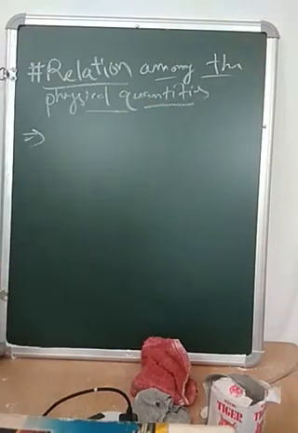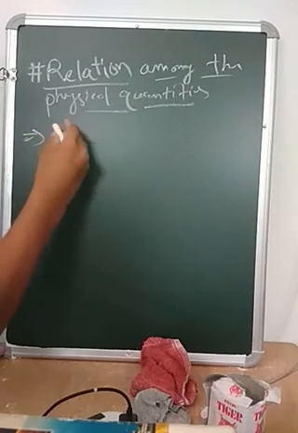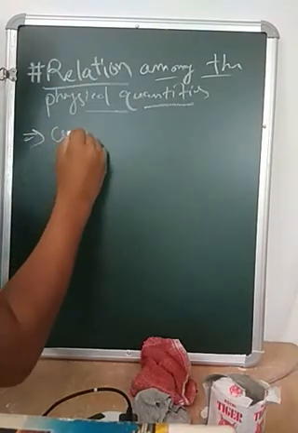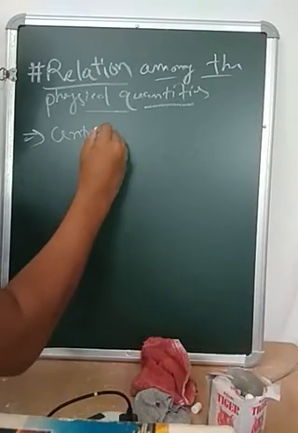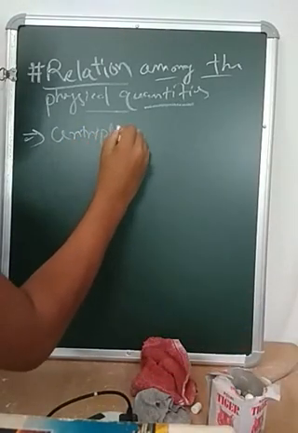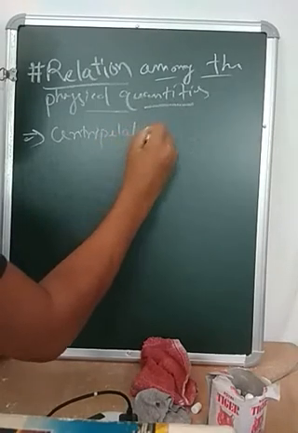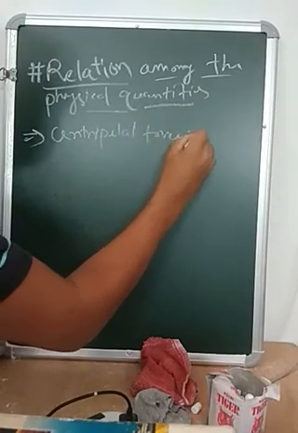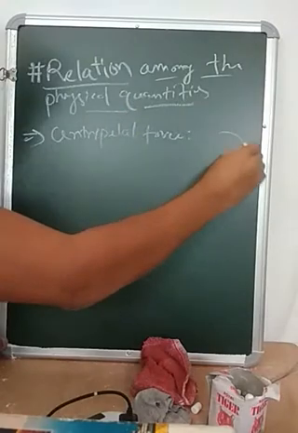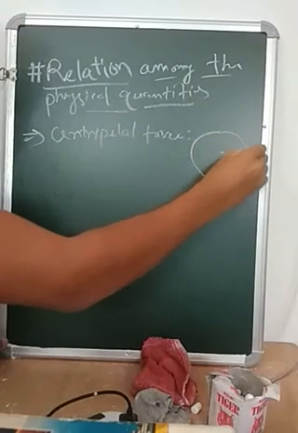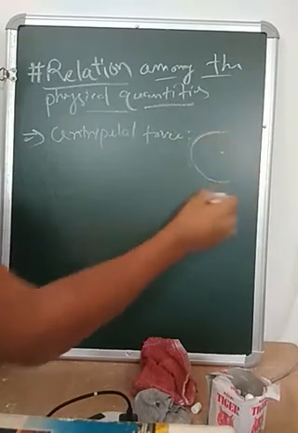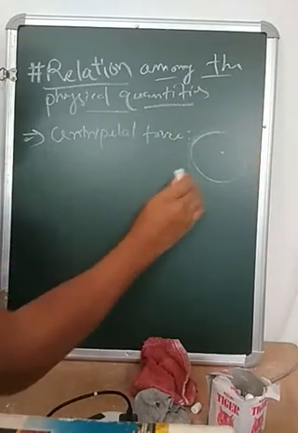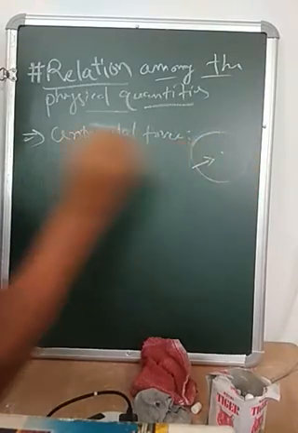As we have studied about centripetal force, okay? What is centripetal force? When an object is moving in a circular path with uniform velocity, it will experience a force towards the center.